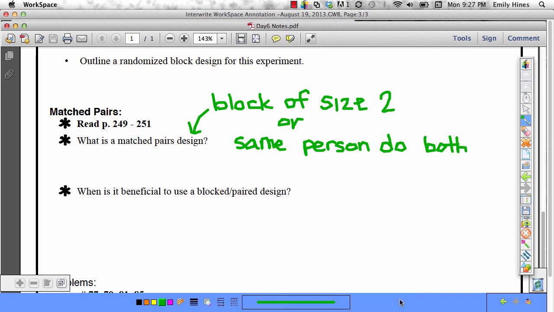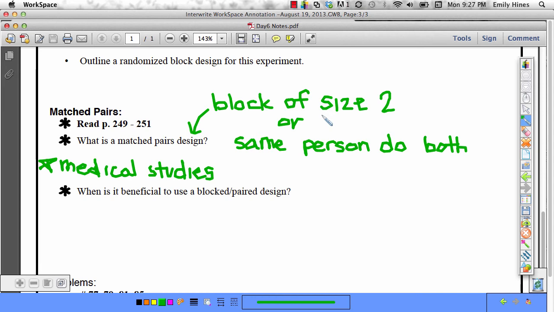Okay. Lots of medical studies use matched pairs. And we are going to look at one simulation of a medical study in class on the block day.